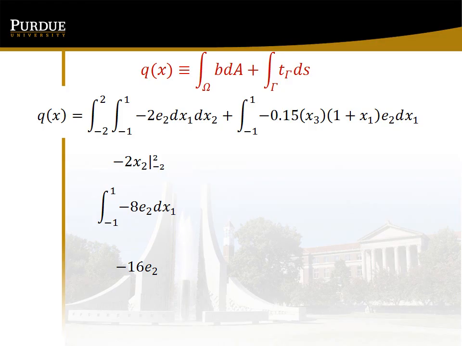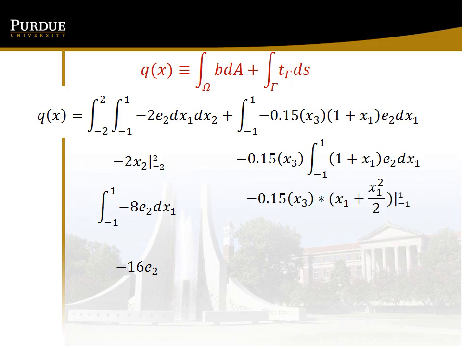Now, we'll move on to the integration of the traction force. We can take out the constant that we know, which is the negative 0.15 x3. With this out, it'll make it a little easier for the integration. Now, we'll integrate dx1 from negative 1 to 1. And from this, we can get that integration to equal 2.